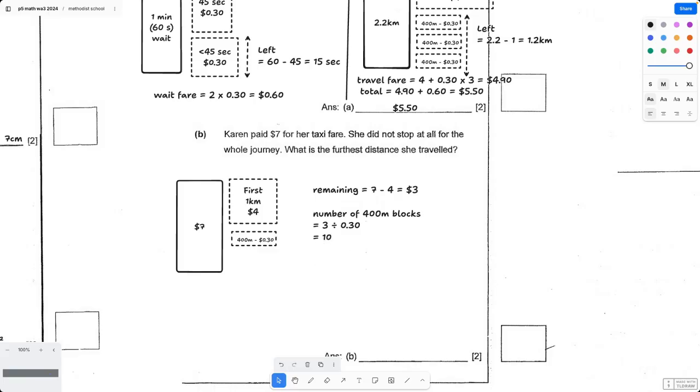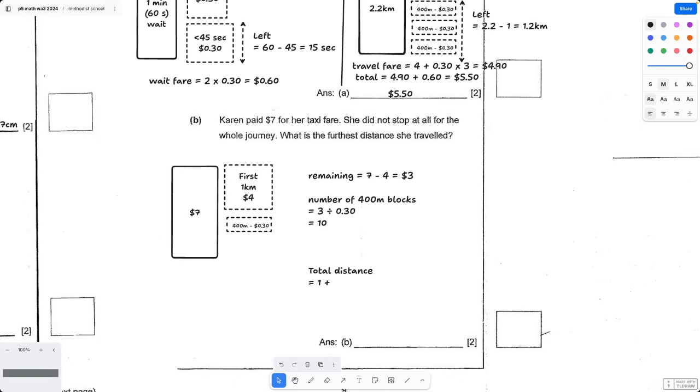So total distance is, in this case, 1 kilometer, 1 plus 10. We also want to convert 400 meters into kilometers. So 400 meters is equal to 400 divided by 1000, equal to 0.4 kilometers.